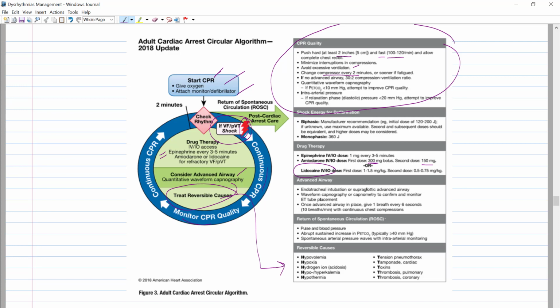Your patient will have ROSC. ROSC means return of spontaneous circulation. It means you have a pulse, you check the blood pressure, there is blood pressure, then that means your patient came back. I hope this is clear. Again, I'm going to repeat.